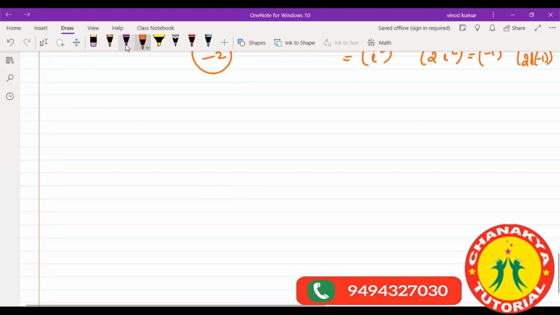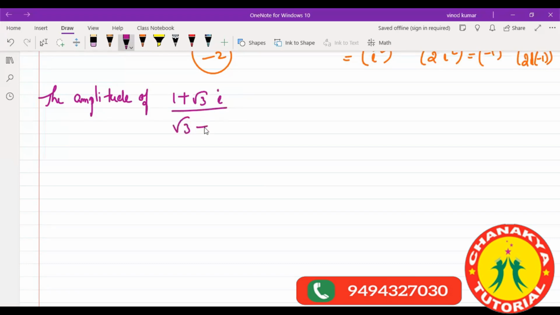Next, the amplitude of (1 plus root 3 i) by (root 3 plus i) is what?